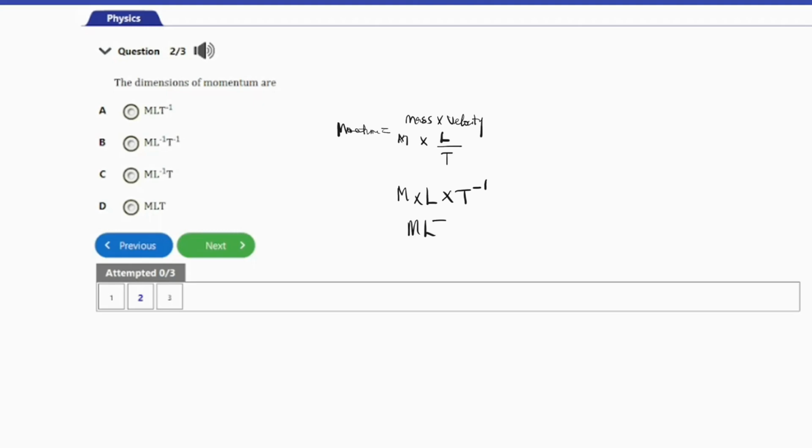So that gives us option A here, and that's mlt to the power of -1. So that's the answer to this question.